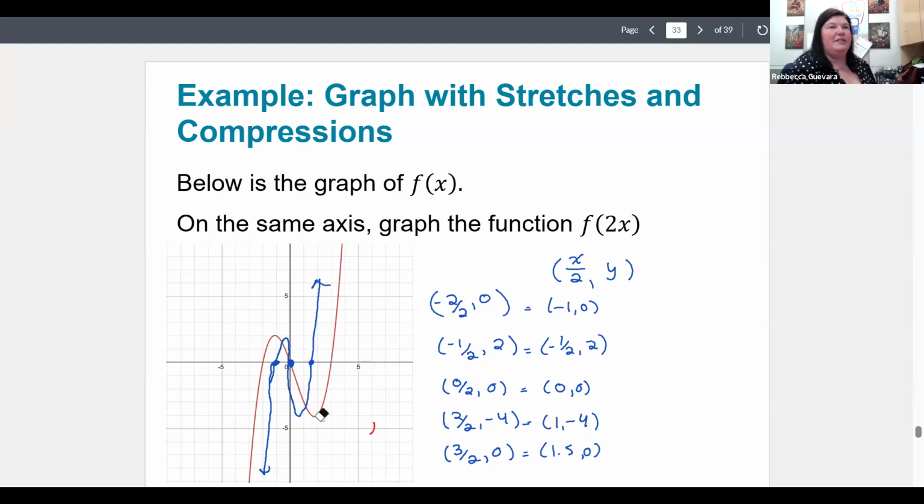So we can see that everything has squished in or compressed or shrunk by a factor of 2, and it is shrunk horizontally.